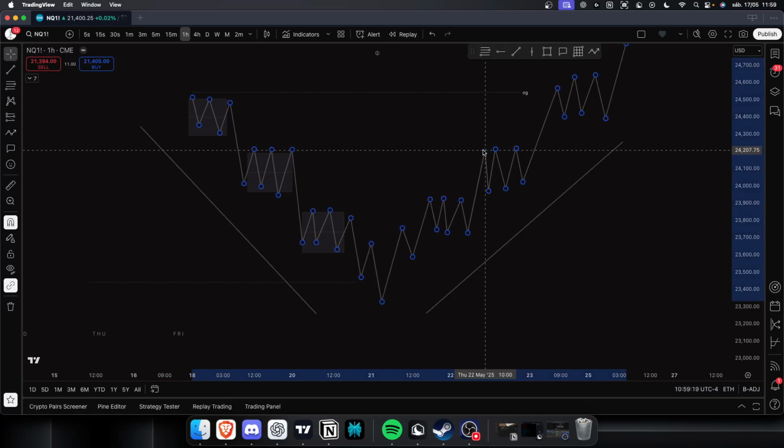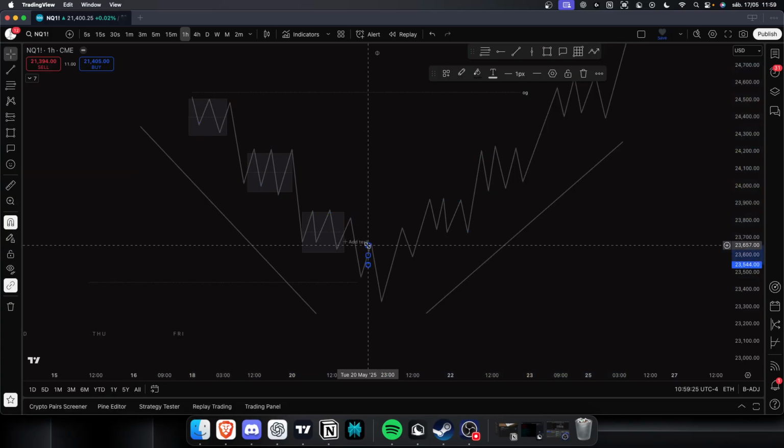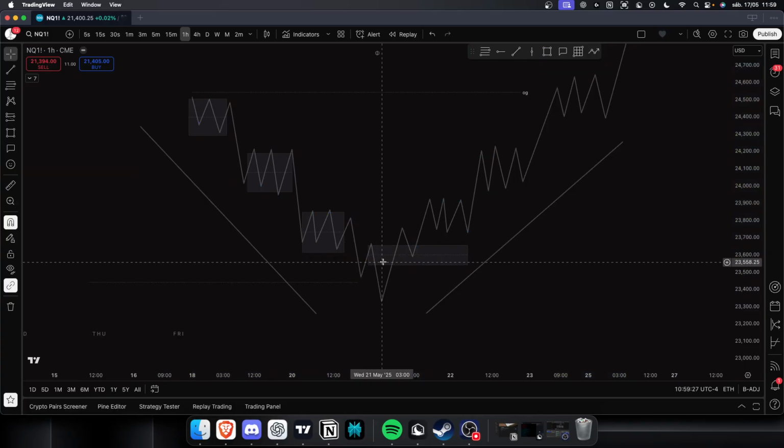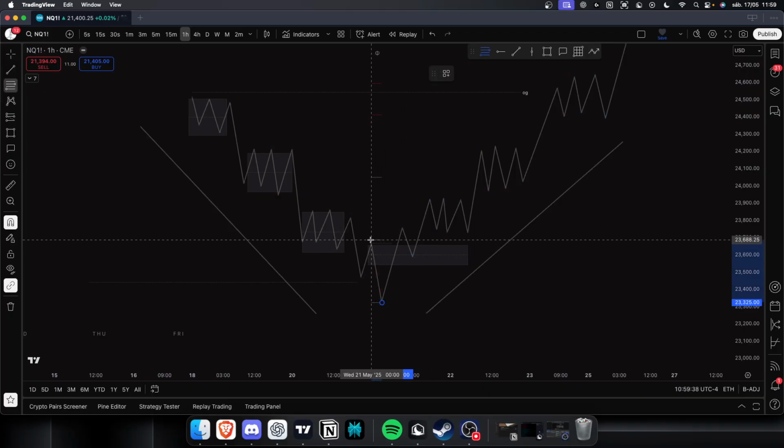And then from there, the leg that forms the breaker. So right here you will have a breaker and a CISD. So you'll have your CISD with a breaker usually. The leg that forms this is going to be the leg that you connect your standard deviation.